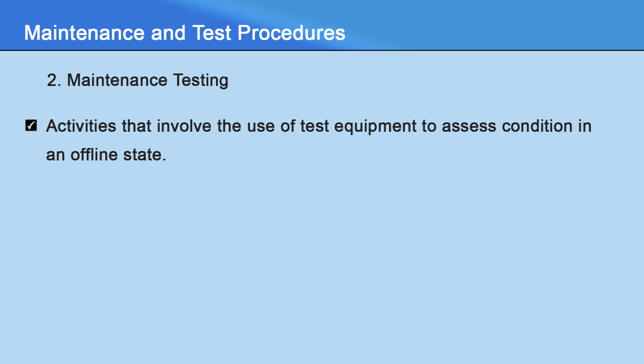Next is maintenance testing. The activities that involve the use of test equipment to assess condition in an offline state come under maintenance testing. These activities are predictable and can be scheduled, staffed and budgeted. They may be scheduled on a time, meter or number of operations basis but may be planned to coincide with scheduled equipment outages.